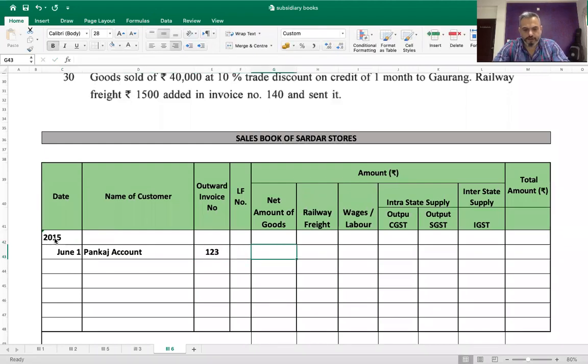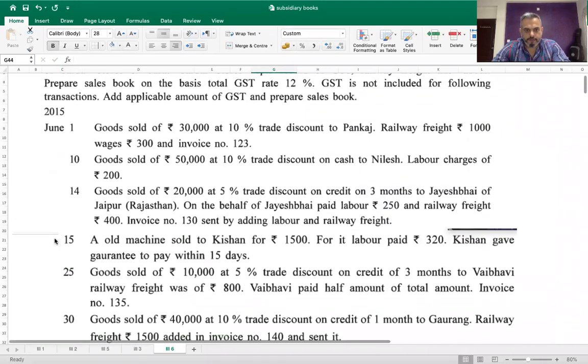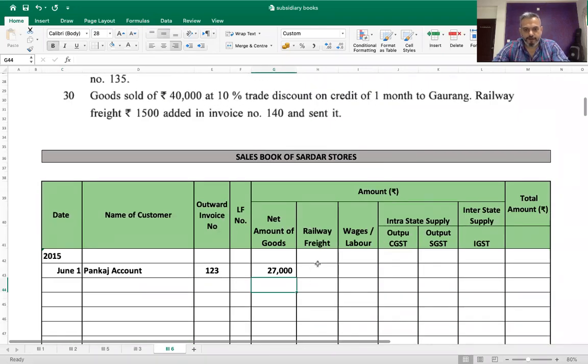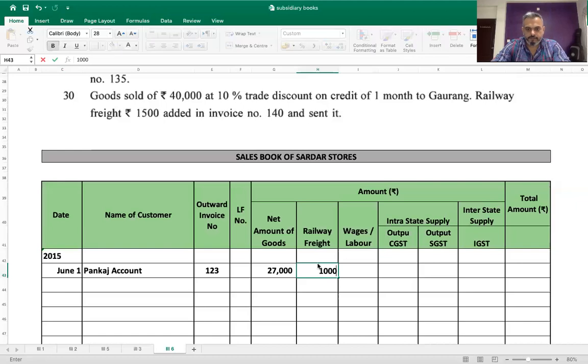Amount of goods 30,000 minus 10% trade discount, so 27,000. Railway freight 1,000. Wages 300. Now do the total: 27,000 plus 1,000 plus 300.